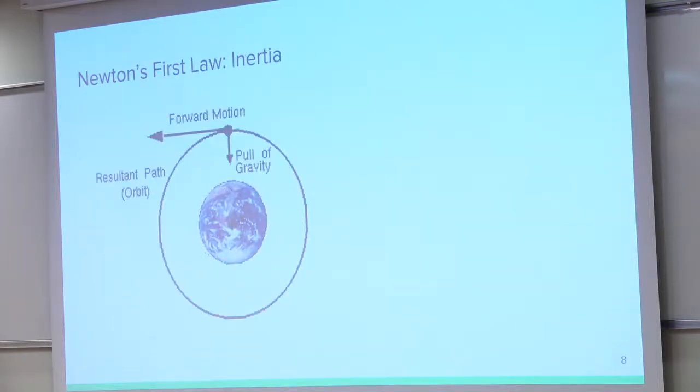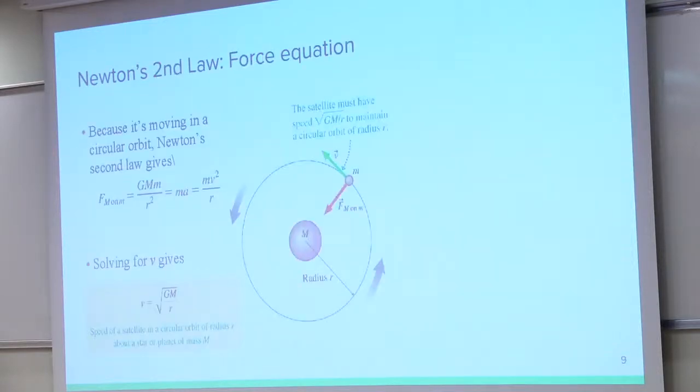So we're going over how inertia keeps it from falling into what it's orbiting. The force equation gives us the derivation that allows us to determine the velocity that it needs for its orbit to not decay or escape, or at least stay circular.